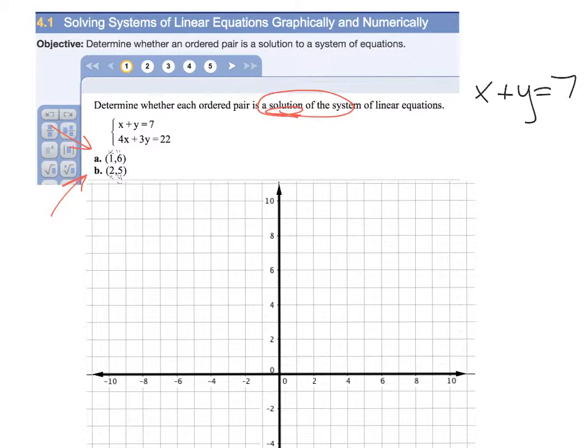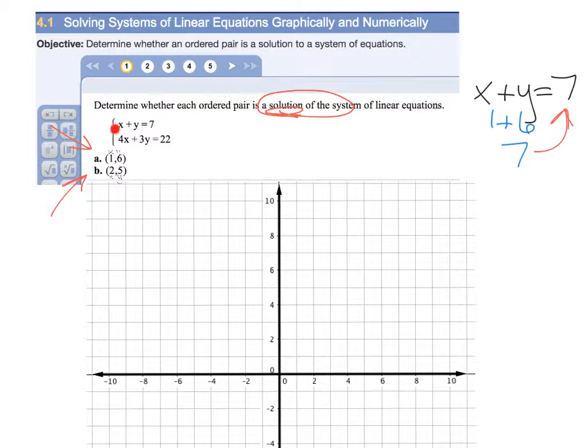Then we replace 1 for x and 6 for y. So 1 plus 6. Does 1 plus 6 equal 7? Yep. So that means 1, 6 is true for the first line.